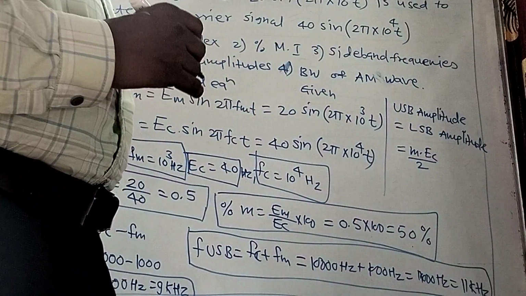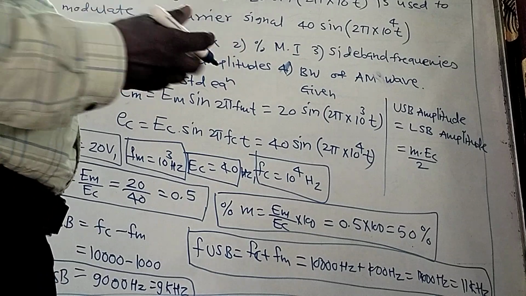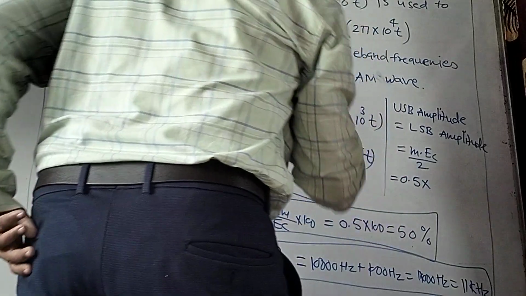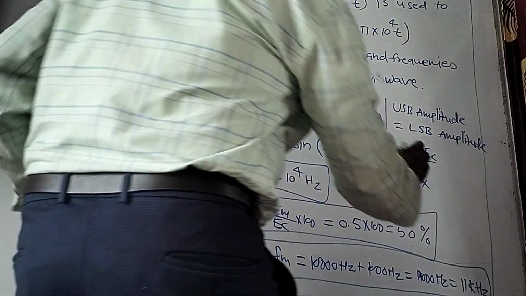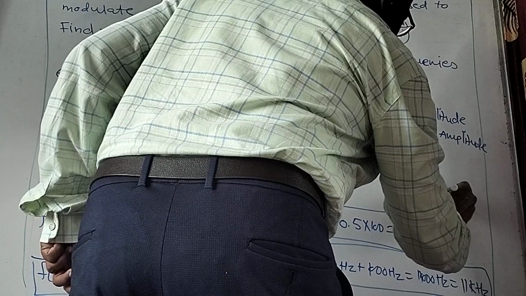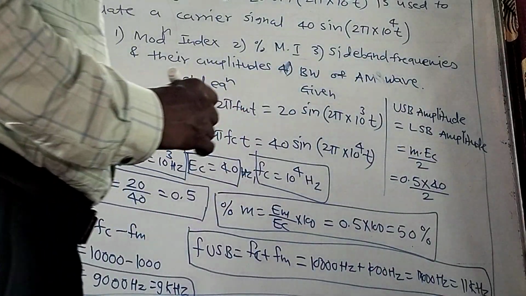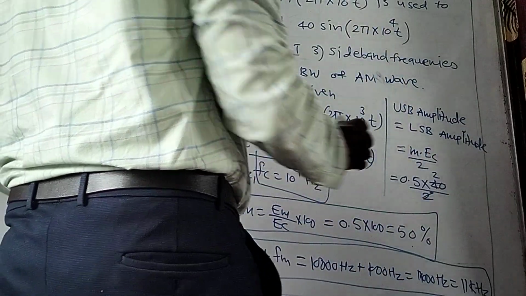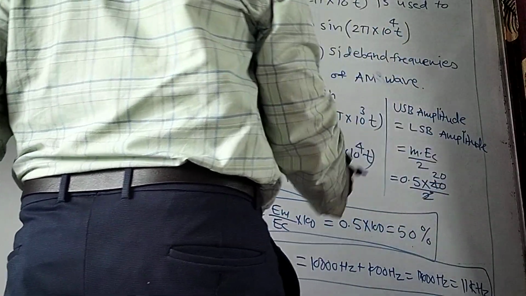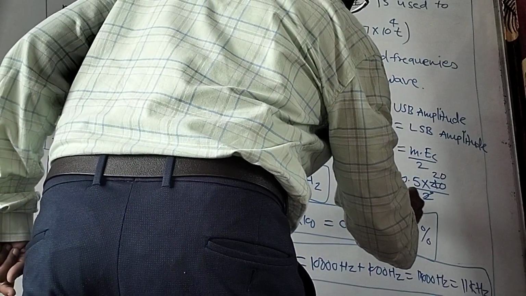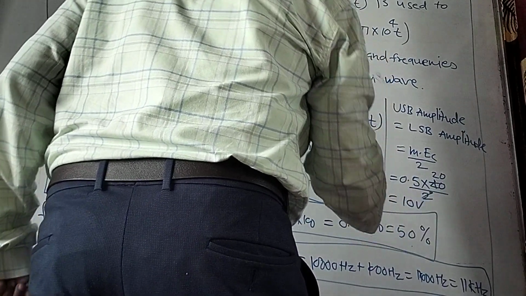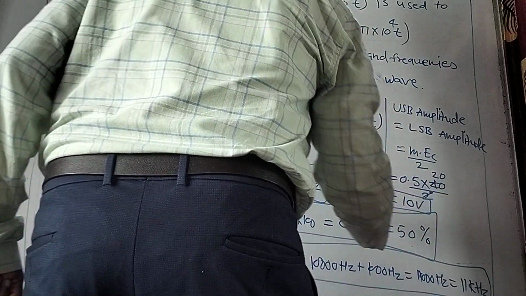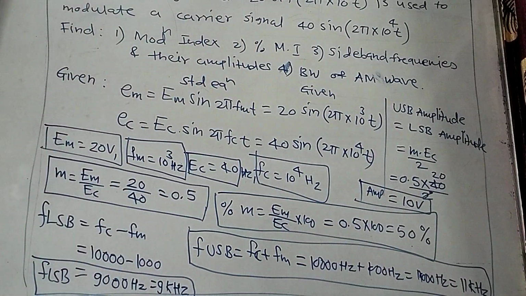We know the value of m, we know the value of EC. So m is equal to 0.5 into EC, that is 40 divided by 2. 2 ones are 2, 2 twos are 4, 0. So this will be 10 volt. Amplitude of sideband is equal to 10 volt. Yes, any doubts?